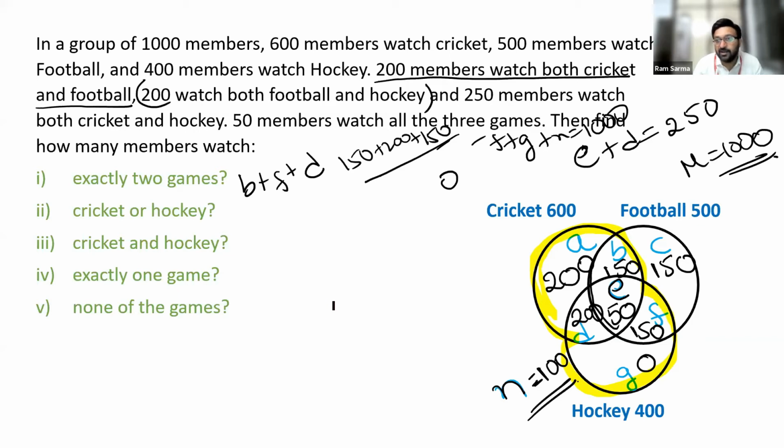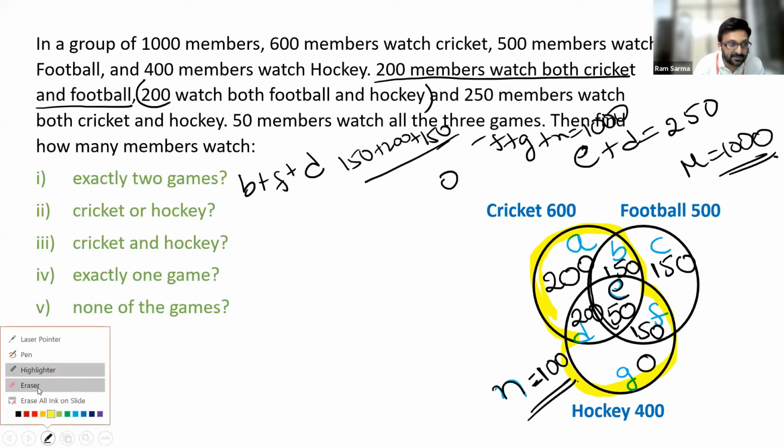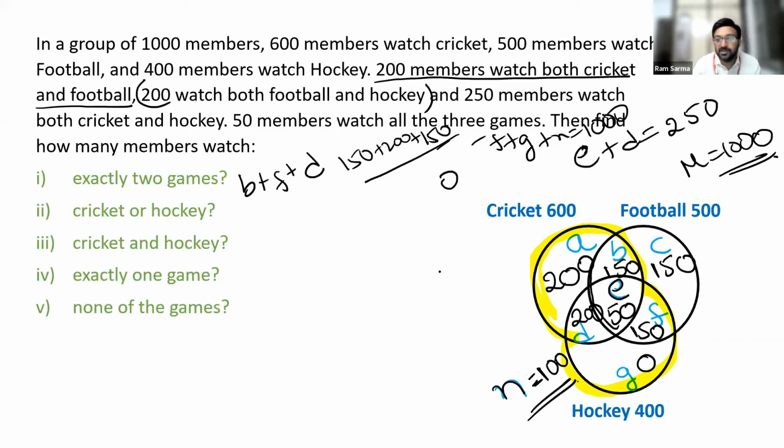I want you to add all the numbers which are present in the highlighted yellow circles. So 200 plus 150 plus 200 plus 50 plus 150 plus 0. The sum of all these things gives you cricket or hockey. What is the value? 750. Wonderful.